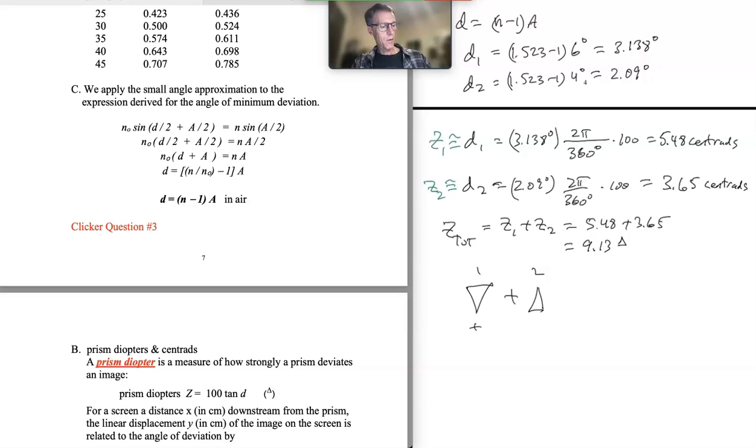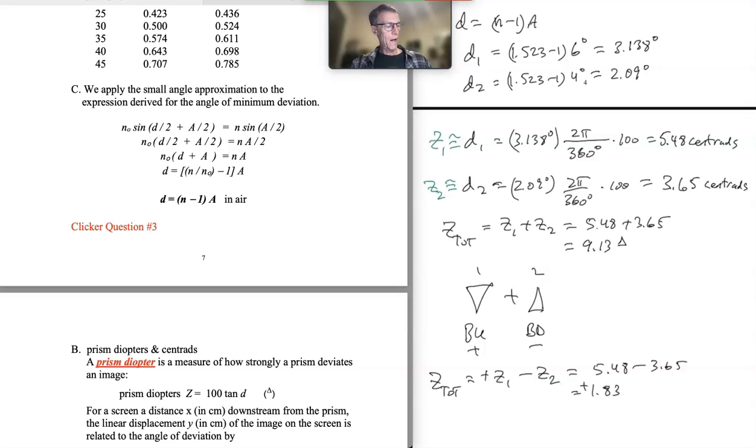So I'm just going to arbitrarily call this one, the base up, positive, and this one, base down, negative. You could make any choice you want, it doesn't really matter, as long as we're consistent. So the total power is going to be positive z1 minus the value of z2. So that's going to be 5.48 minus 3.65, which is a value of positive 1.83.